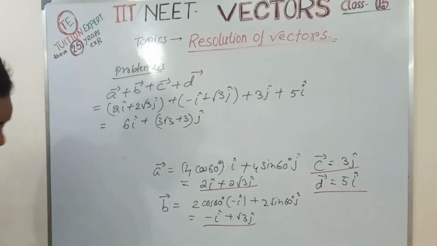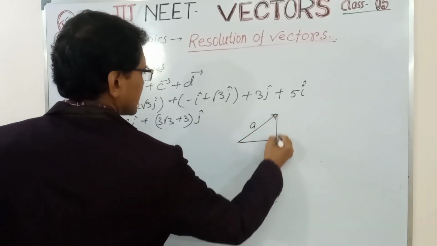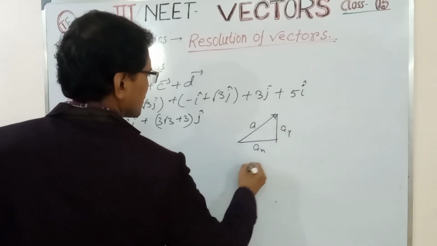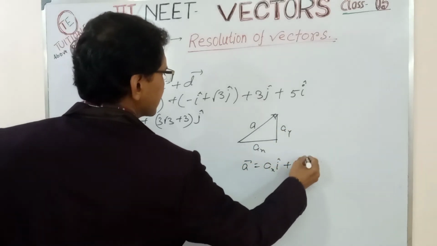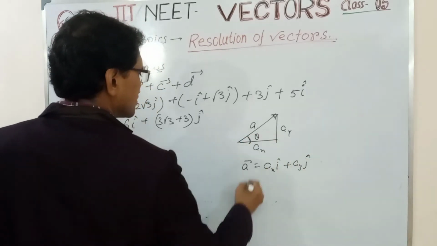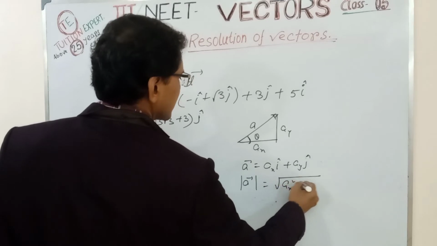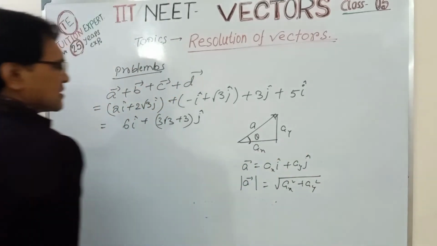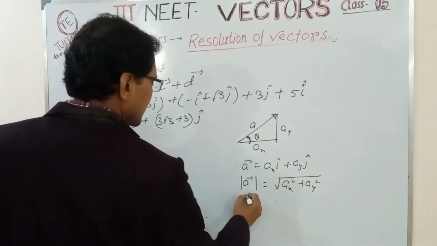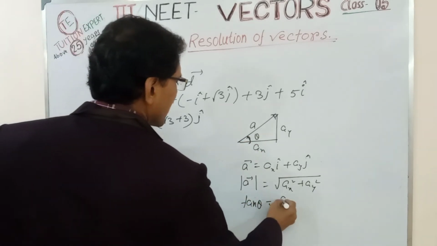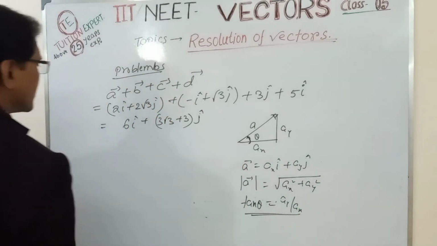Now what is the magnitude of this vector? This is a vector with components ax and ay, so a becomes ax i plus ay j. What is the angle and magnitude? The magnitude a will be root over ax square plus ay square. And for the direction theta, tan theta equals ay by ax. So we use this formula.